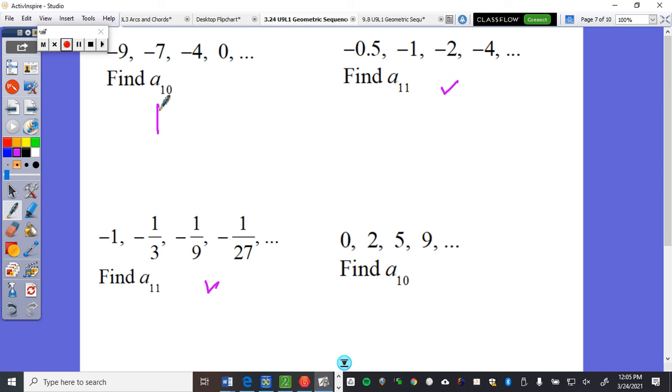It's not geometric. All right, number 2. What's the rule? Let's do the rule first. A sub n equals negative 0.5 times the ratio, 2, to the n minus 1. So the 11th term is what?